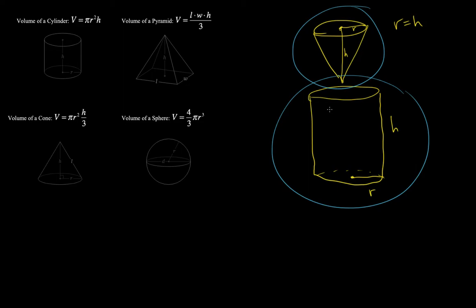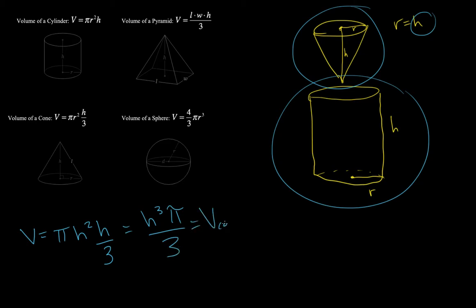Okay, so if we just take the cone, the volume is equal to pi, and because r is equal to h, I'm going to replace r with h. If I simplify that, that's going to be h cubed times pi over 3. So that's the volume of the cone.